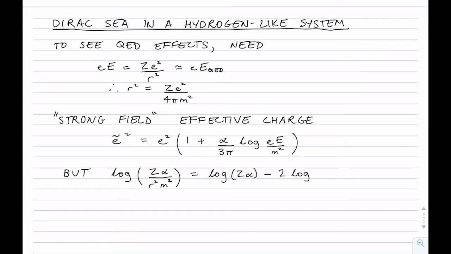I can write that as plus log of Rc over R, where Rc is equal to 1 over m. So define Rc like this, and Rc, 1 over m, is the Compton radius of the electron.